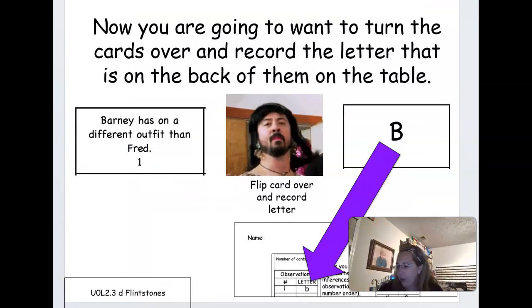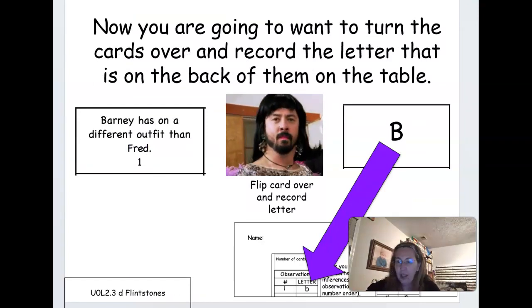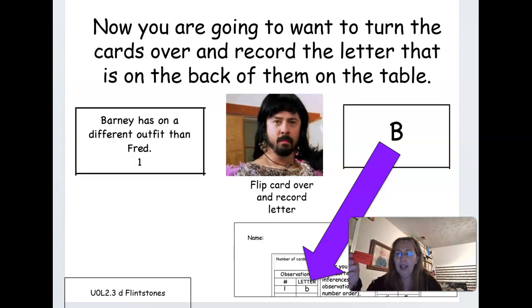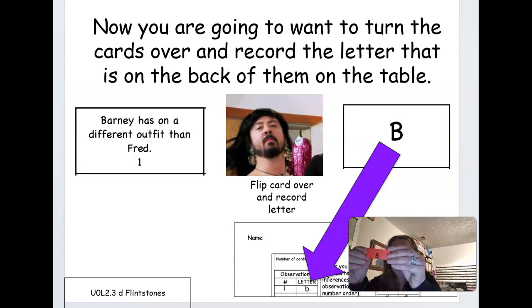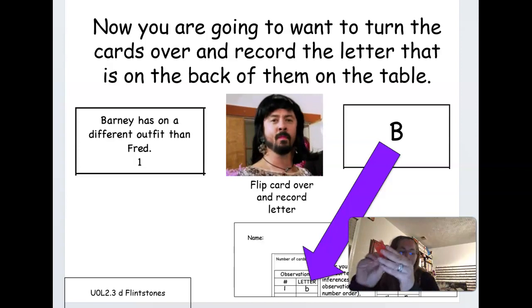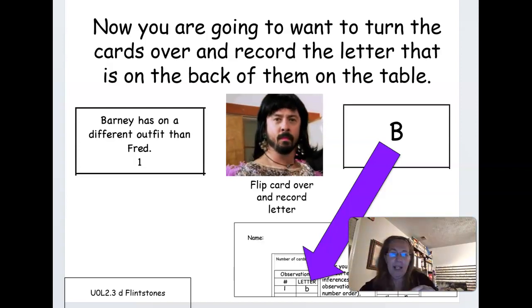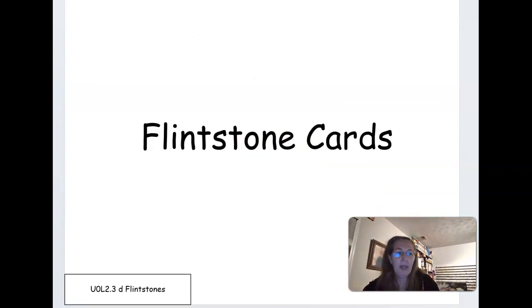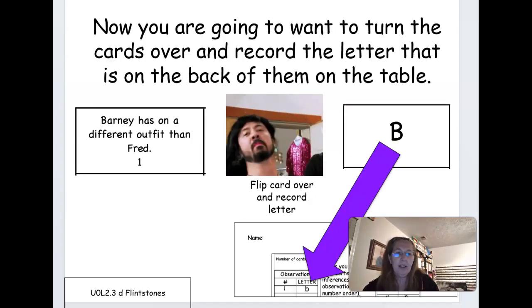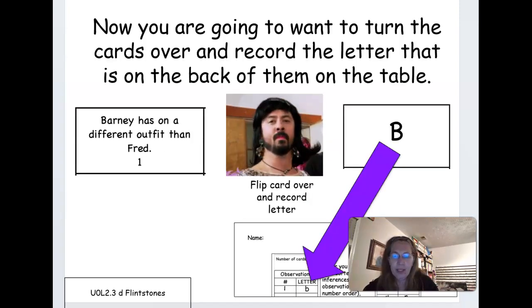Then you're going to want to flip your cards over. Here's my card number 1, and if I flip it over, it has a B on it. So I'm going to record that B back on my table. I'm going to flip my cards over one by one and record it in my table.